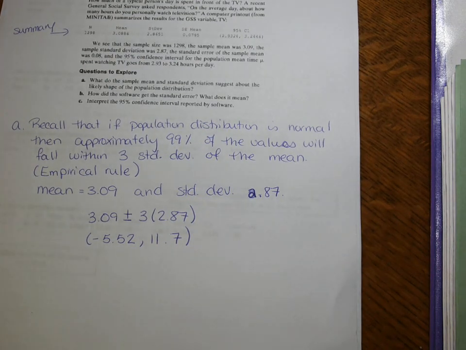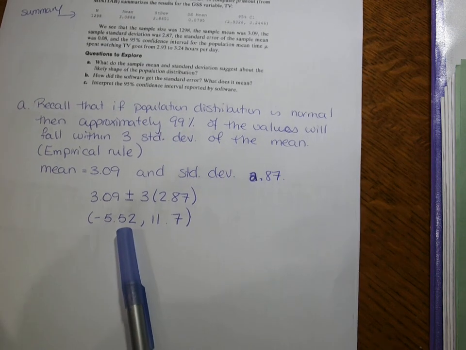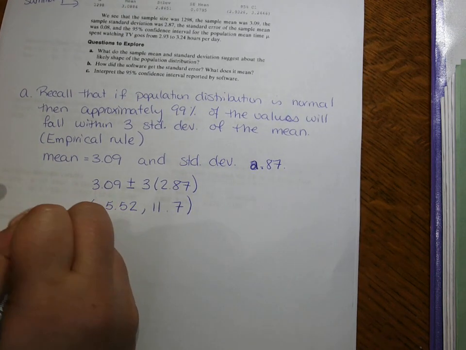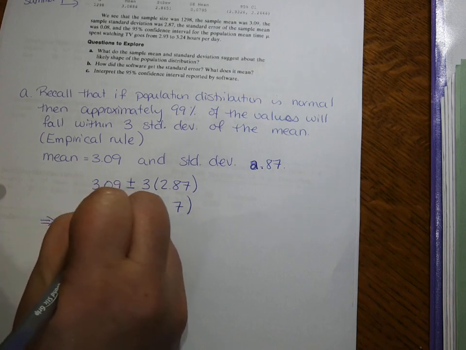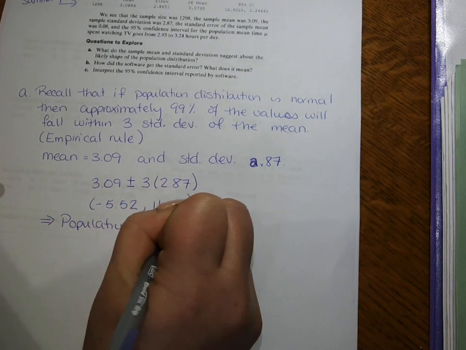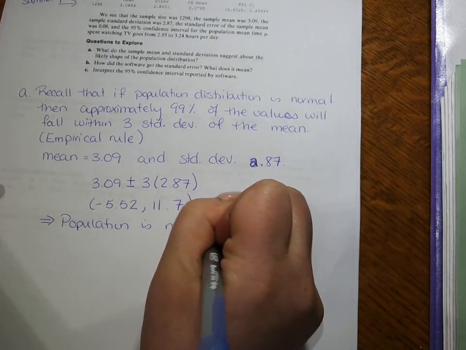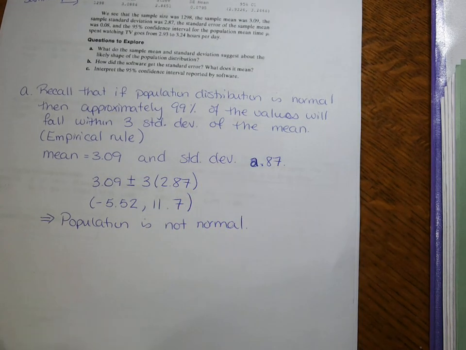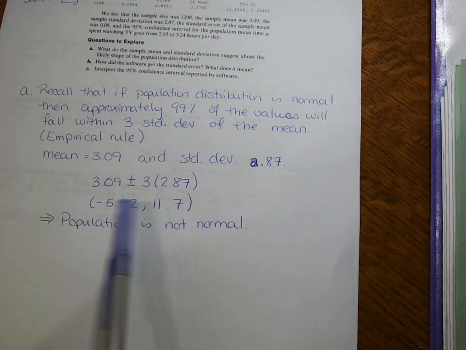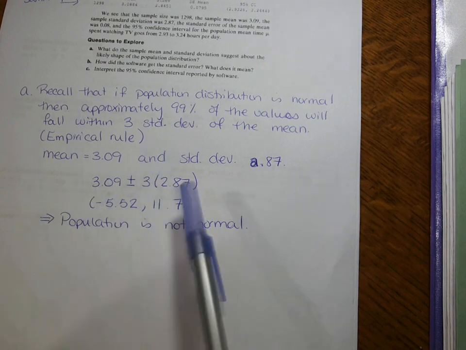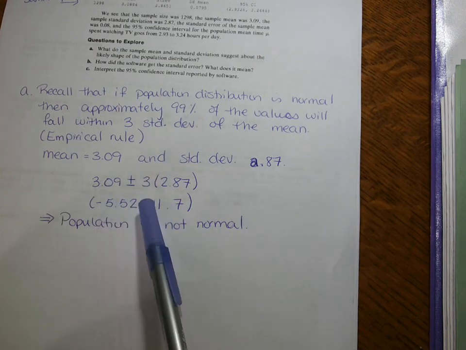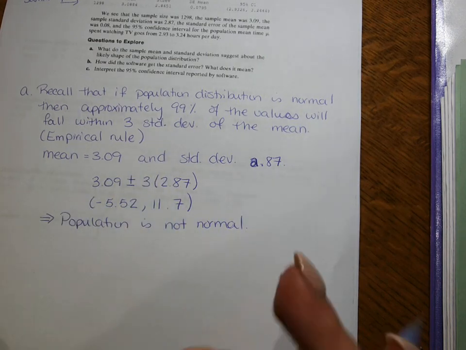Well, it doesn't make sense for people to watch negative amounts of TV, so this suggests that the population is not normal. Because if it were normal, then we would be able to talk about the majority of the values falling between these two, and that doesn't make sense.